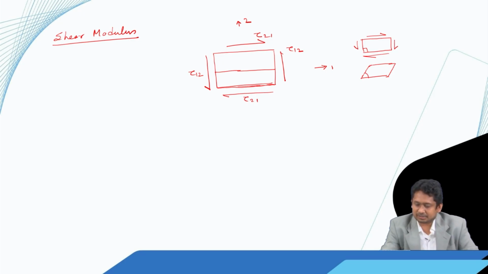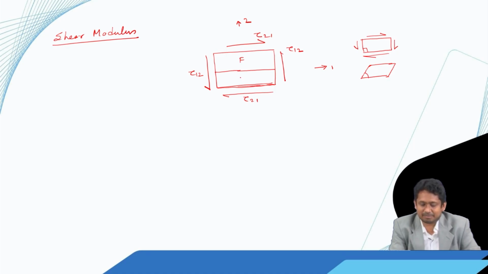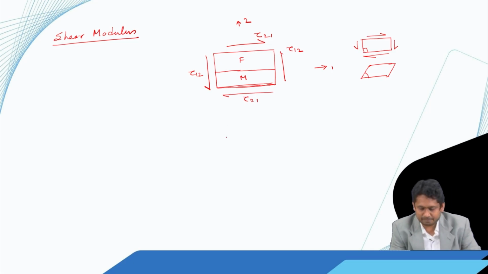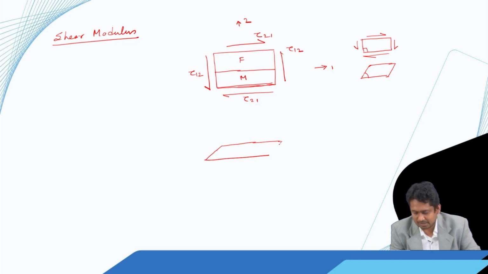If something has less shear modulus, the distortion is more, with higher shear modulus the distortion is less. Fiber and matrix have different shear modulus, so their distortion is going to be different. If I draw the distorted diagram, it would look like this. First the matrix part, which shows a higher distortion because of less shear modulus, and then the fiber part, which shows lower distortion because of higher shear modulus.